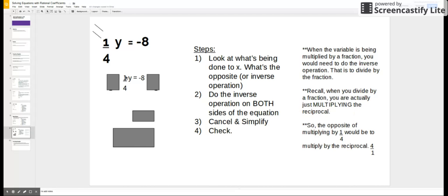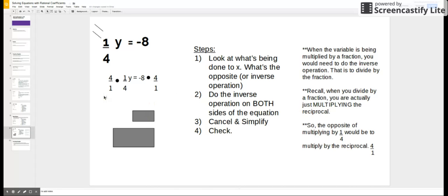So if I said negative 8 divided by 1/4, you would actually do negative 8 times 4/1. That's what I'm going to do to both sides of my equation: multiply by 4/1. That's just multiplying by the reciprocal. So the inverse operation of multiplying by 1/4 is to multiply by its reciprocal.